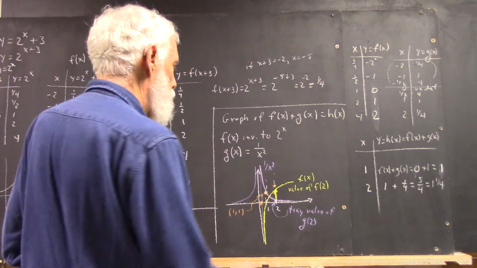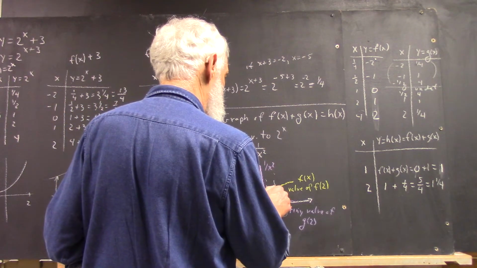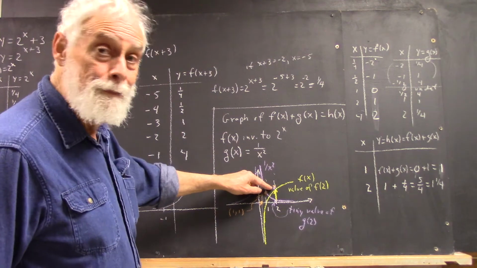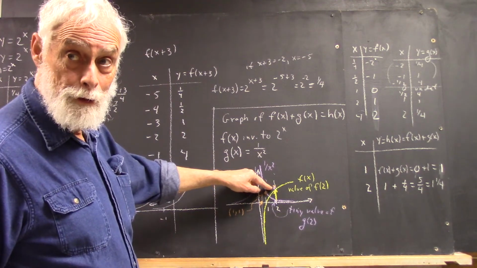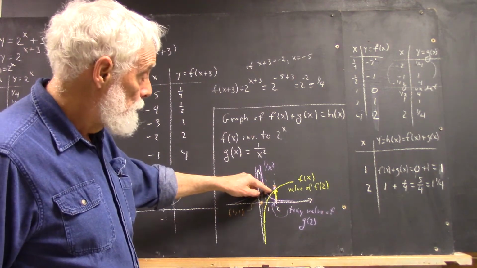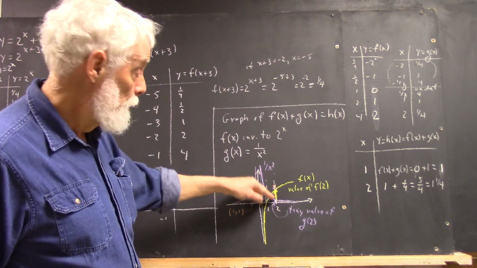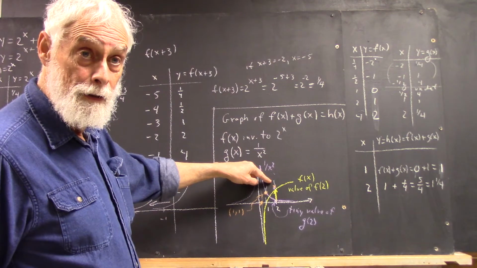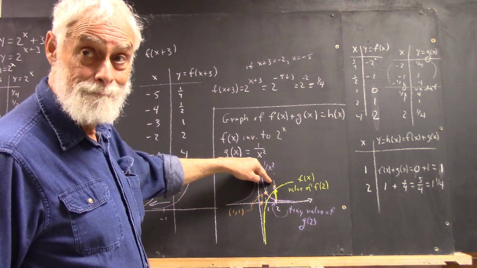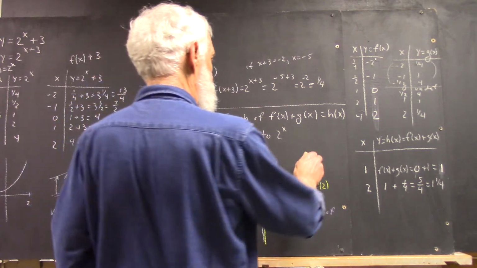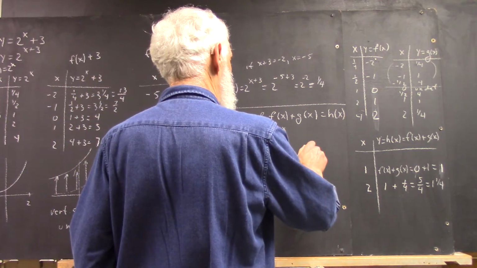So if I add that little value of g of 2 to the value of f of 2, okay? Well, we've got a small purple arrow on top of a much bigger yellow arrow, but we get the value of h of 2, okay? So I can kind of depict that over here away from the graph.